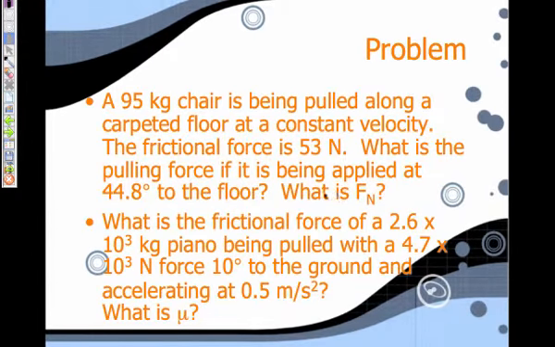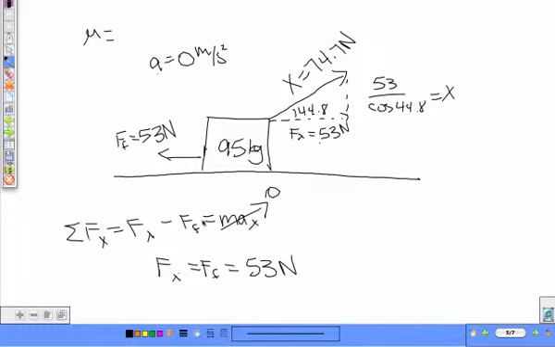And then I added this other, what's F of n? Well, you would just use this. So we have the sum of the forces in the y direction is equal to, we have the normal force minus the weight plus F of y, and that equals 0.